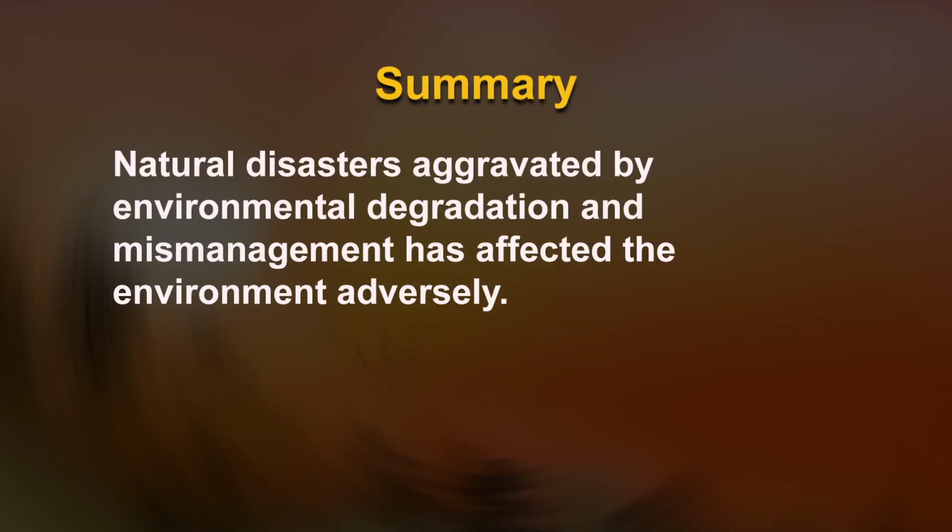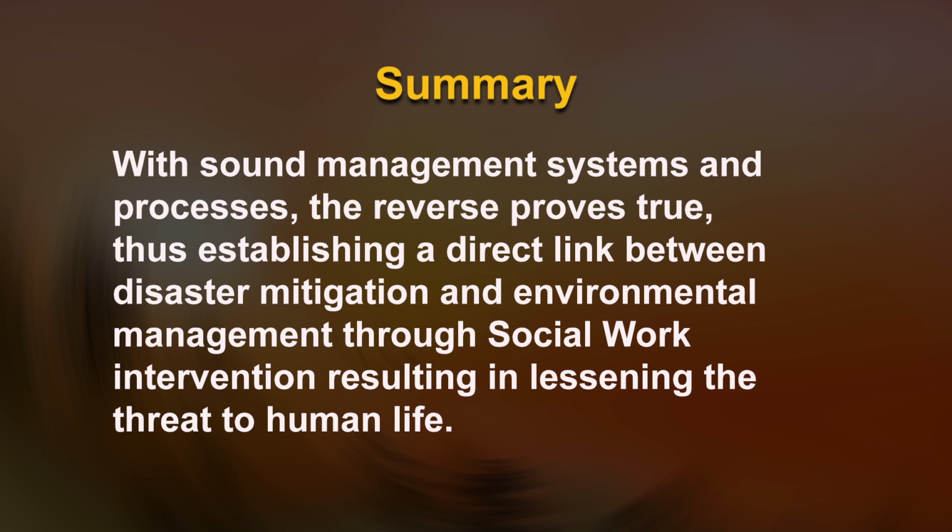Natural disasters aggravated by environmental degradation and mismanagement have affected the environment adversely. With sound management systems and processes, the reverse proves true, thus establishing a direct link between disaster mitigation and environmental management through social work interventions, resulting in lessening the threat to human life.